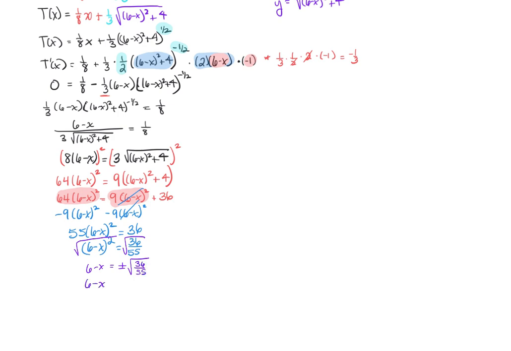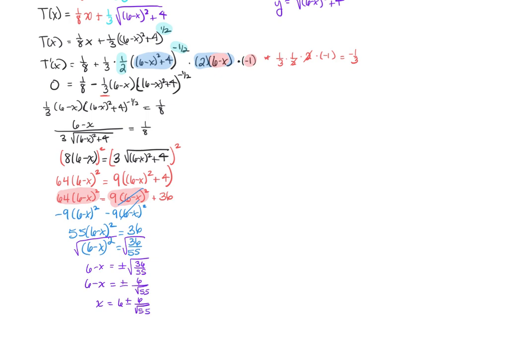But we can rewrite that a little bit because the square root of 36 is 6, so it'd be plus or minus 6 over root 55. If we solve for x by adding it to the other side and bringing 6 over root 55 to the left, the x to the right, and switching them around, we end up with x equals 6 plus or minus 6 over the root of 55.